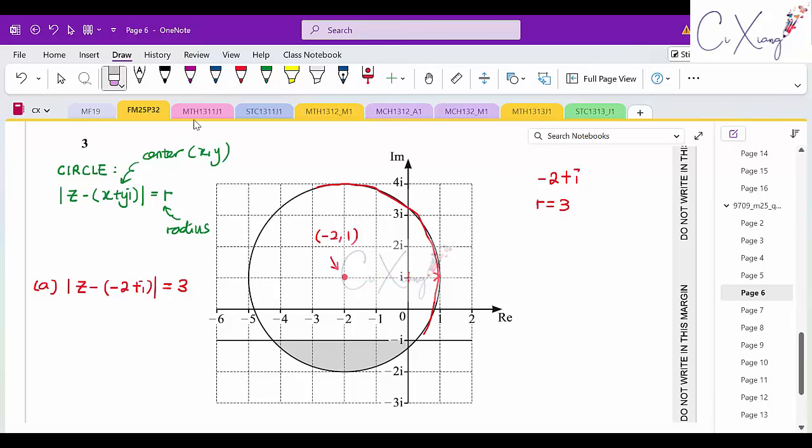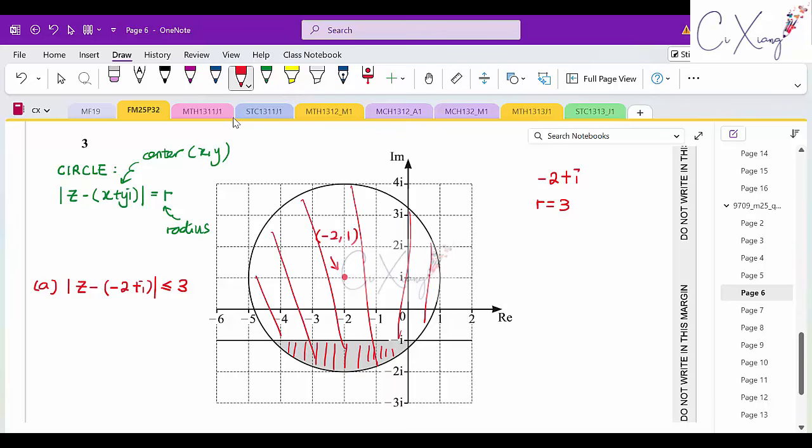But if you have a look at our diagram, they actually shade the area inside the circle. So that means the complex number z that fulfills this is smaller or equal to 3. Okay, when they say smaller or equal to 3, it means the whole circle.